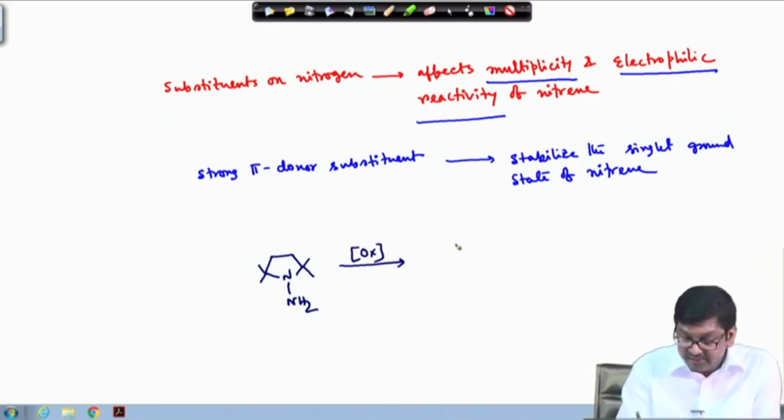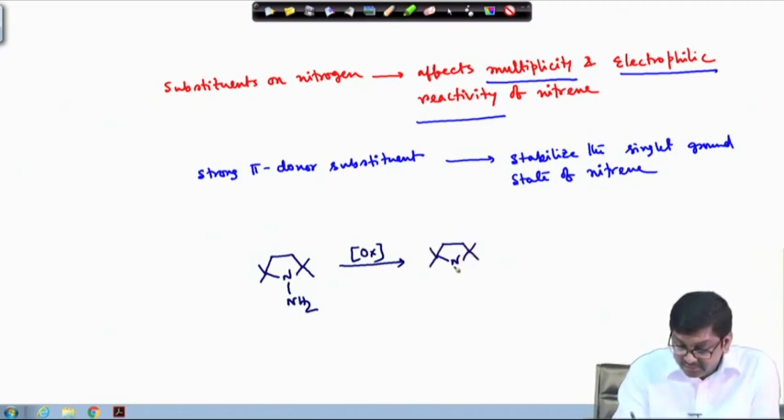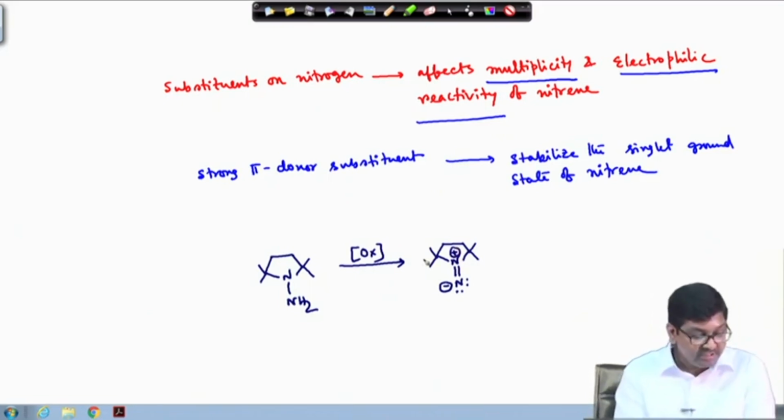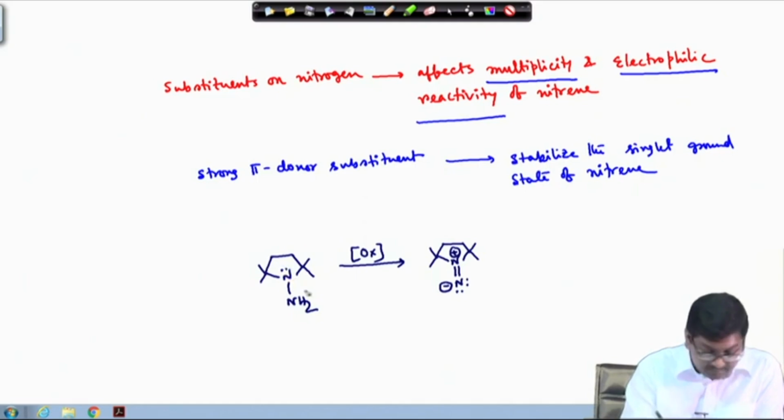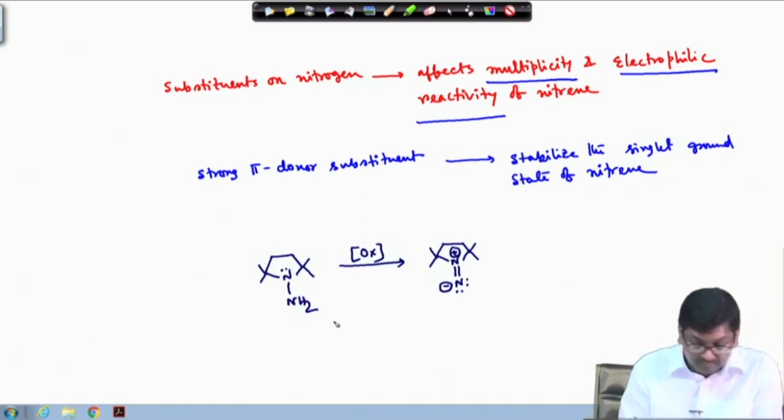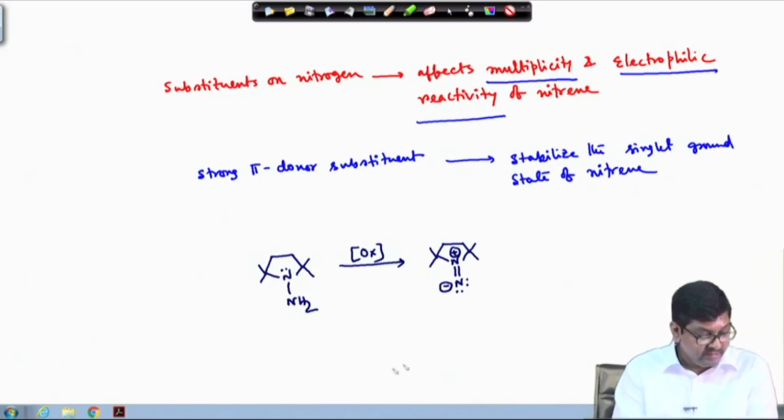So, basically that will generate the nitrene, and it will be stabilized. This is a singlet state that is generated, and this is actually in resonance.